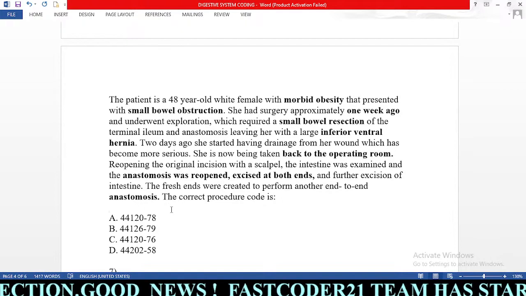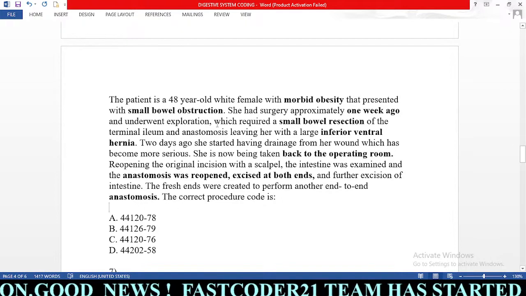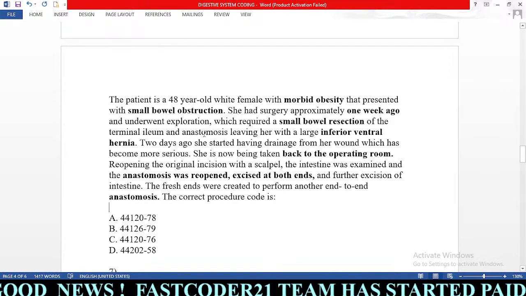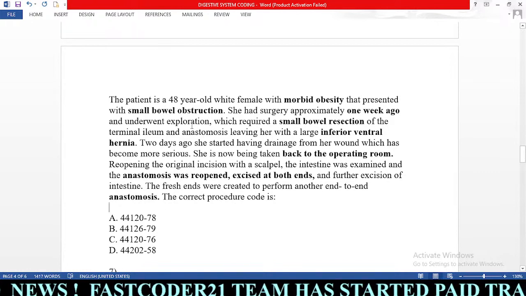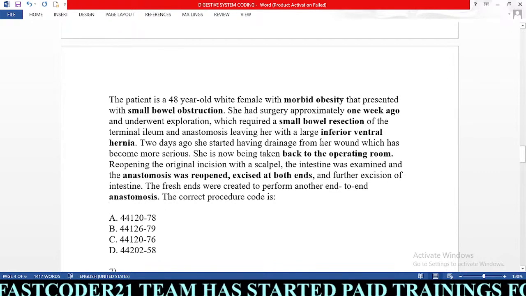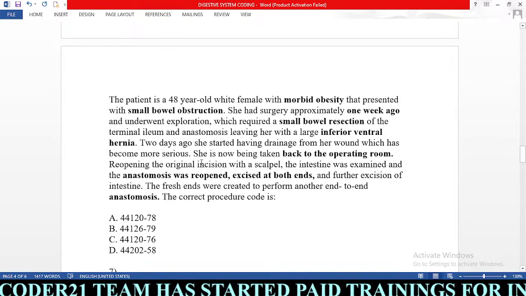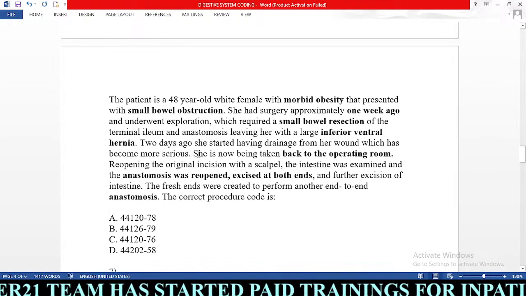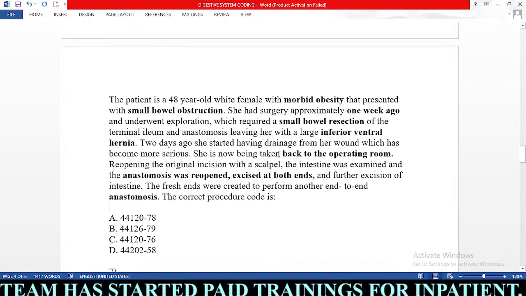So basically here, what happened? The patient underwent exploration and also small bowel resection 1 week ago. But 2 days ago she started having drainage from her wound.